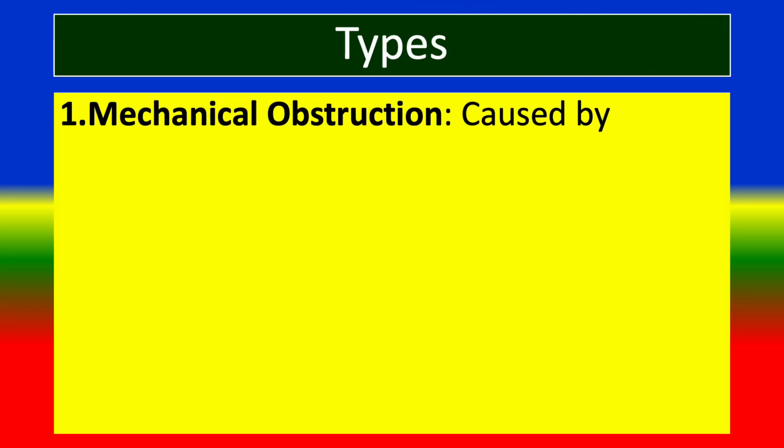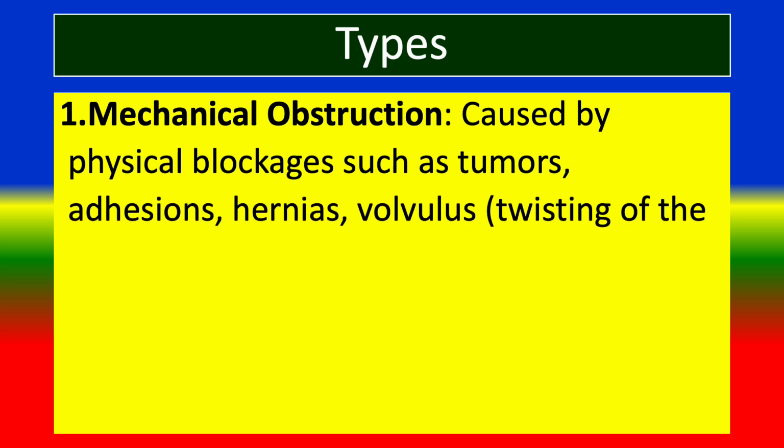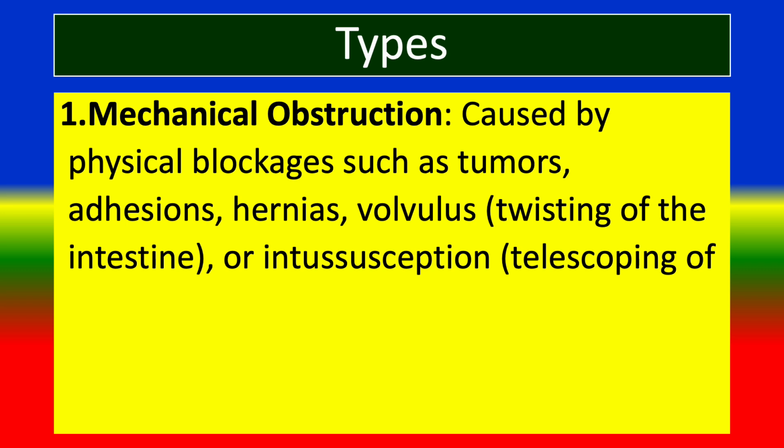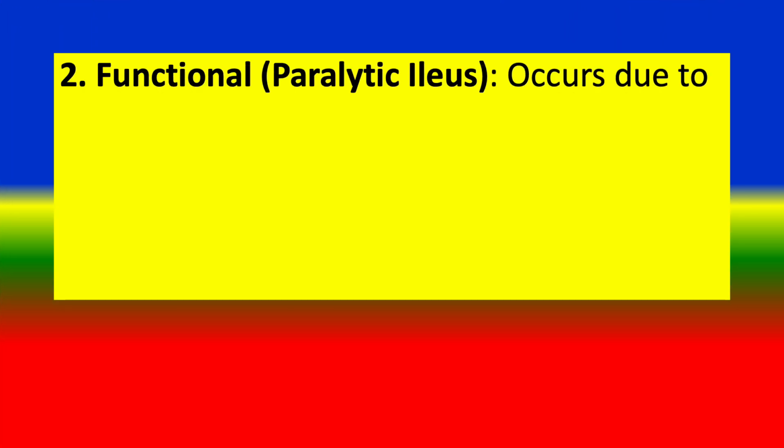Types. 1. Mechanical obstruction caused by physical blockages such as tumors, adhesions, hernias, volvulus, twisting of the intestine, or telescoping of a segment of the intestine into another. 2.